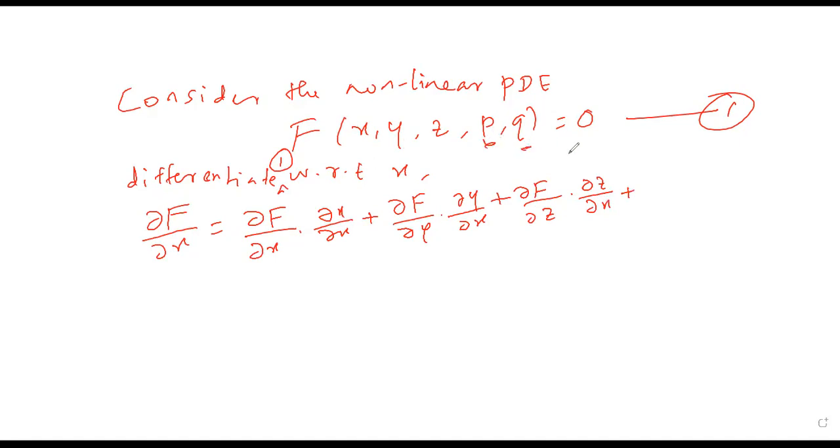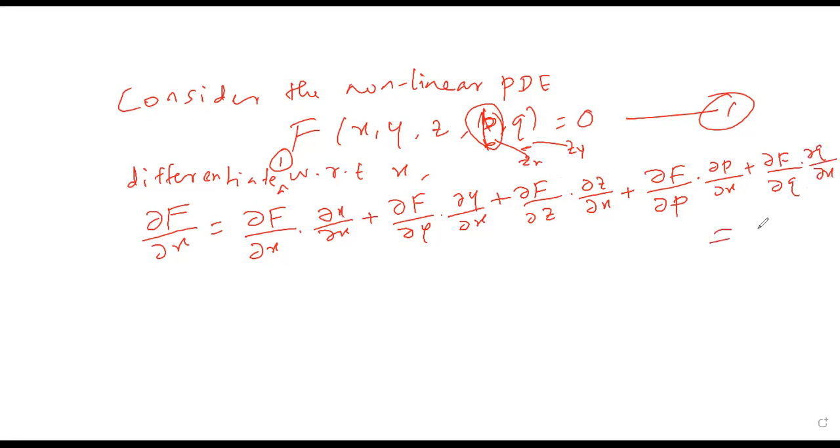We also have p, so we take ∂f/∂p times ∂p/∂x, because it is also a variable now, plus ∂f/∂q times ∂q/∂x, because of the nonlinearity, is equal to 0.